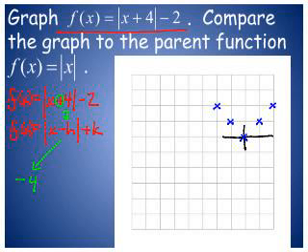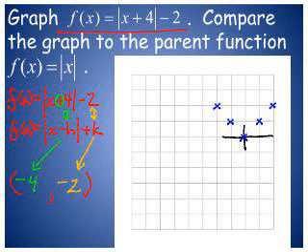And my k, which is right here, is my vertical shift, and you shift exactly as it appears. So in this case, my vertical shift is a negative 2, which gives me a new vertex at negative 4, negative 2. Okay? So that's handy to know that's where your vertex should be.